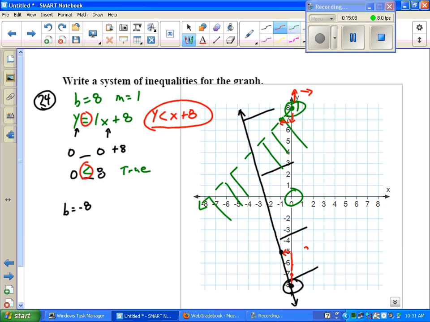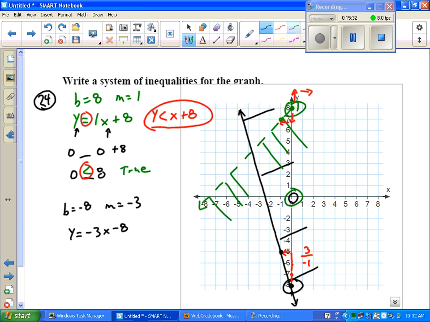But up 3 and to the left 1 would be over -1. So notice that m's value is -3. So if you were to write this equation with simply that m and that b value, it would be y equals -3x minus 8. But again, we're not just writing an equation, we're writing an inequality.